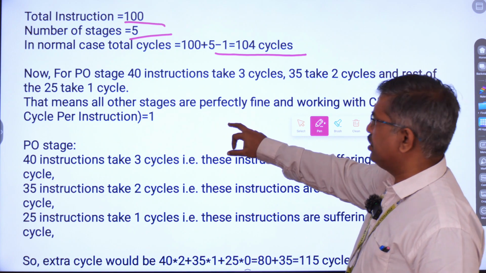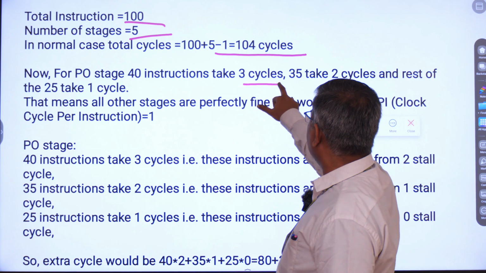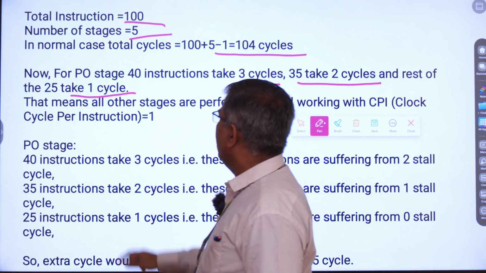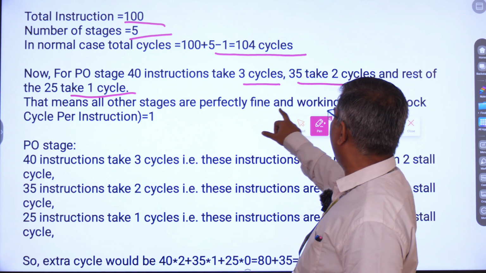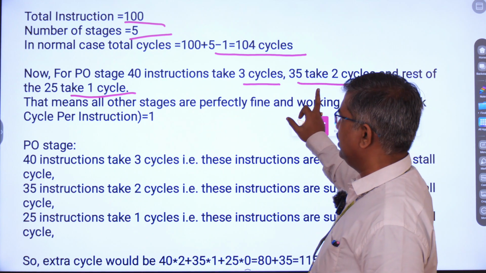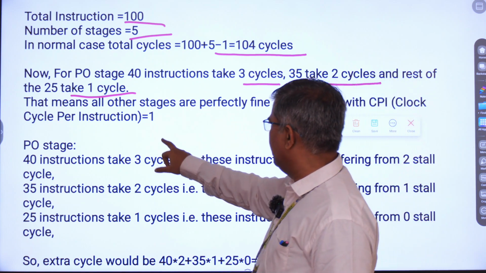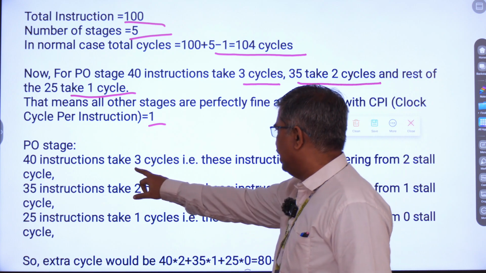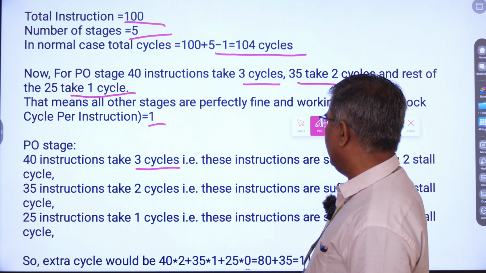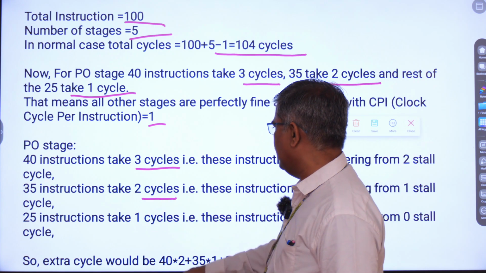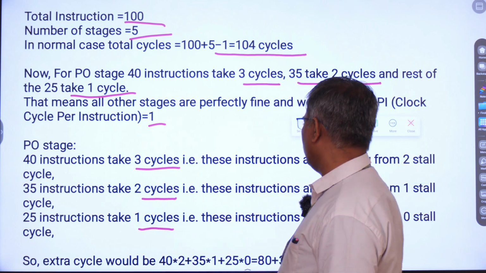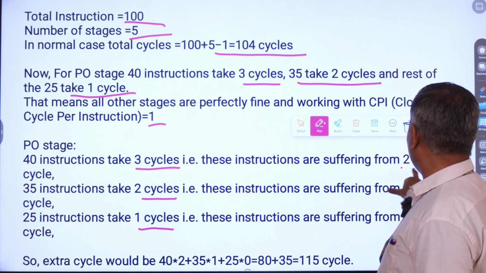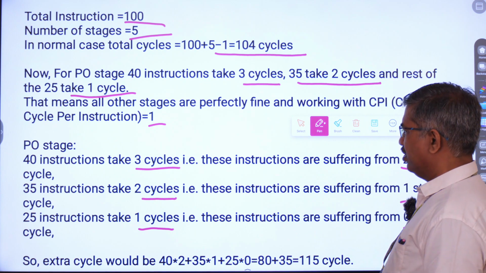For the PO stage, 40 instructions take 3 cycles, 35 take 2 cycles, and the rest of the 25 take 1 cycle. So all other stages are working perfectly fine with CPI, that is clock cycles per instruction, of 1. In the PO stage, the instructions suffer from stalls of 2, 1, 0 respectively.